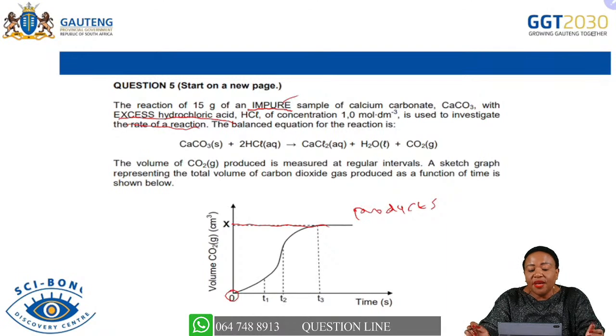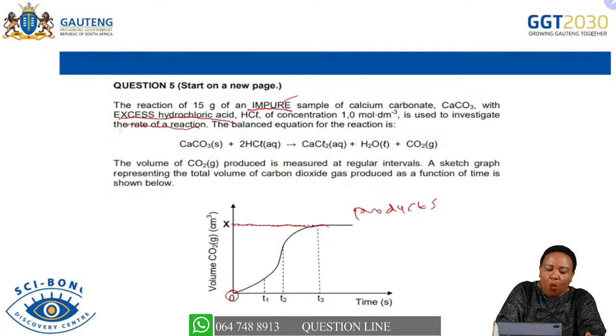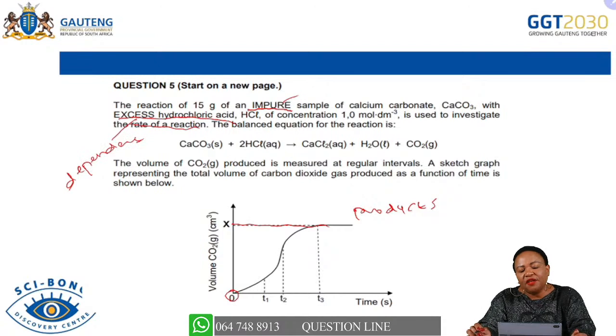Now, immediately when you look at this question, the first thing that you can ask yourself is that this is an experiment. And in this experiment, what are we doing? We want to investigate the rate of reaction or the reaction rate. Therefore, it means our reaction rate will be our dependent variable because it's what we are investigating. Always, for every experiment, be in a position to identify your dependent and your independent variable.